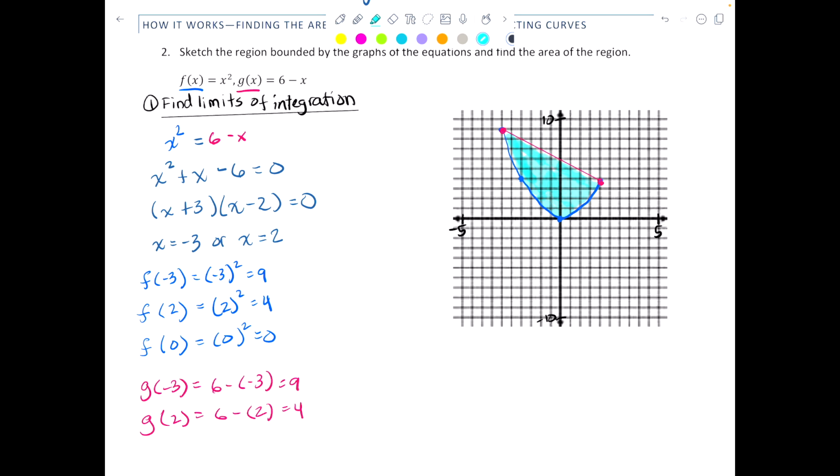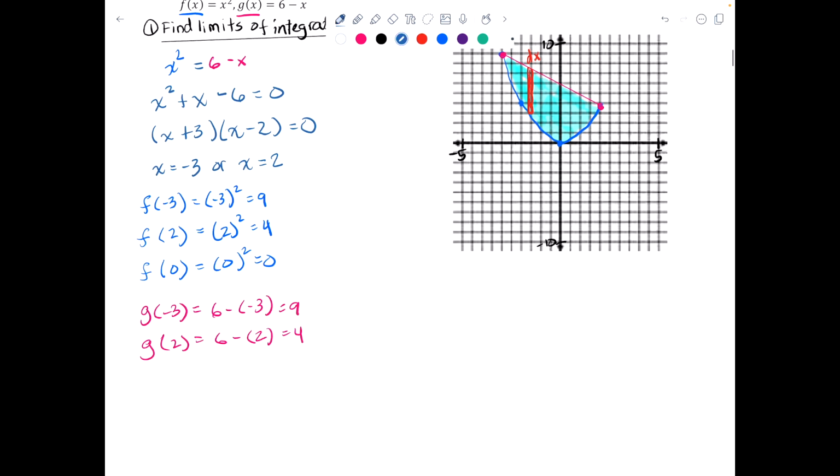All right, excellent. Now if you want, these are functions of x. So I'll just draw in our little rectangle. The width of that rectangle is dx. It could be anywhere in there in that region. And so finding our area, the topmost graph is the pink graph.